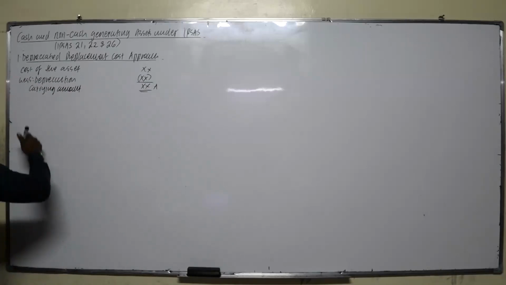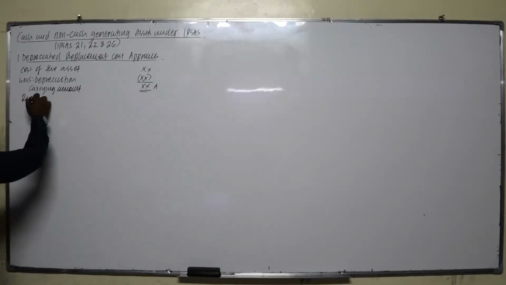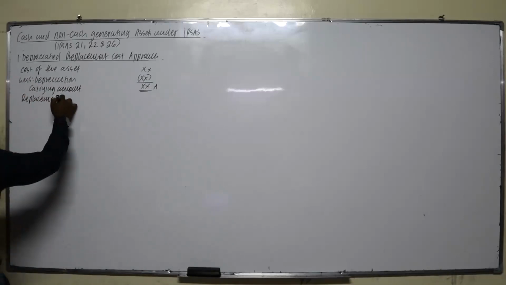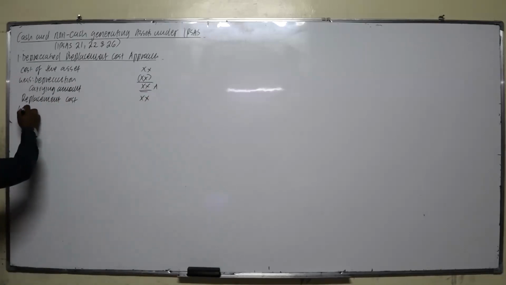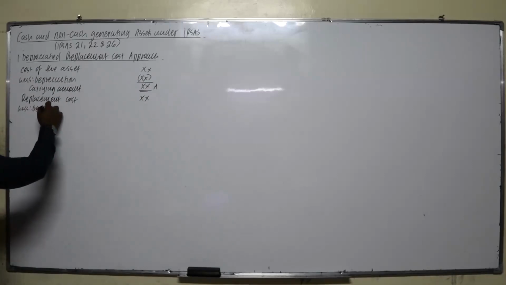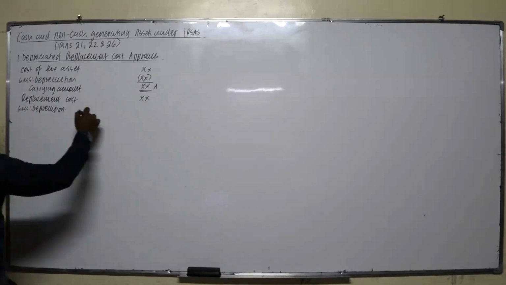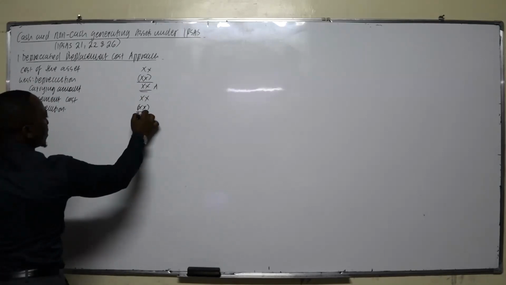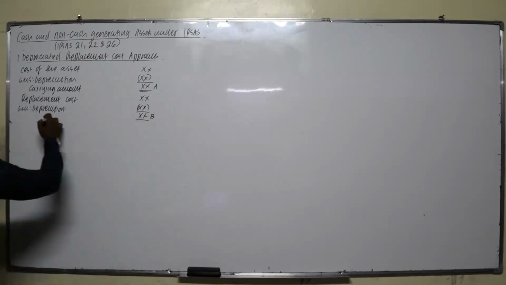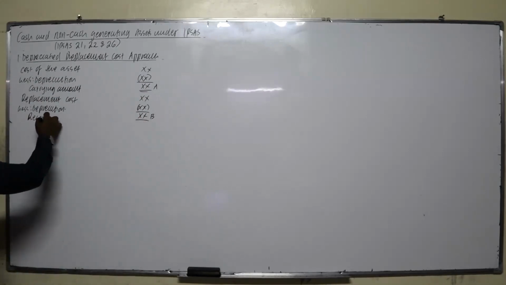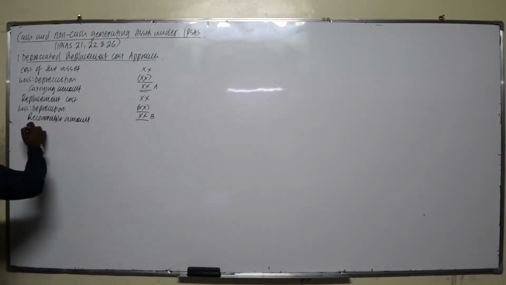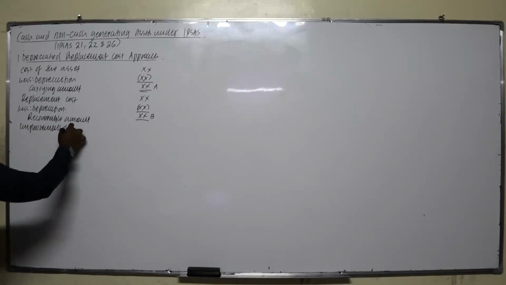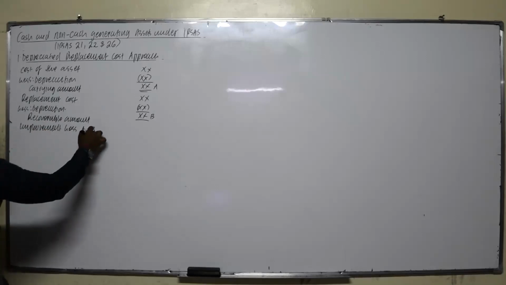To get the recoverable amount, you take the replacement cost, then you raise depreciation, and what you get here will be our recoverable amount. So to get the impairment loss, you take A minus B.